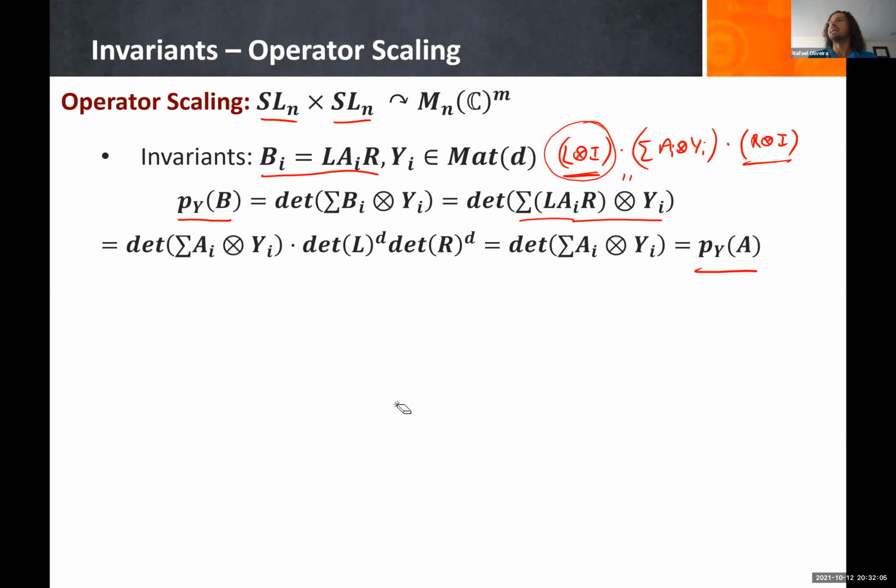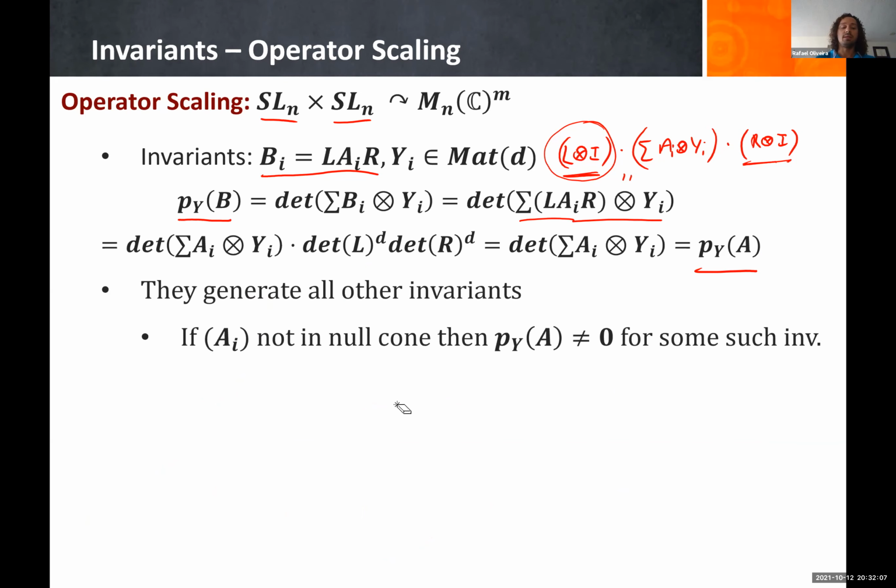So, all right. Now note that, as a result of King, actually, they generate all the other invariants. These new invariants, when we replace the Xi's by D by D matrices, if we just keep replacing them by bigger and bigger matrices, actually generate all the other invariants.